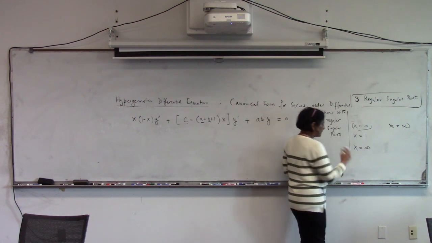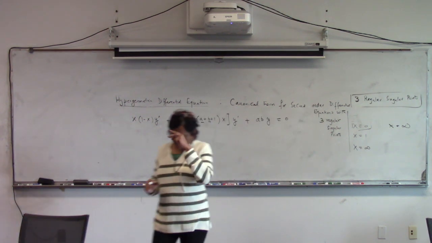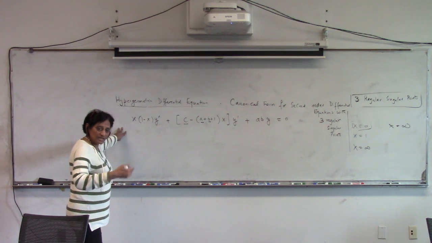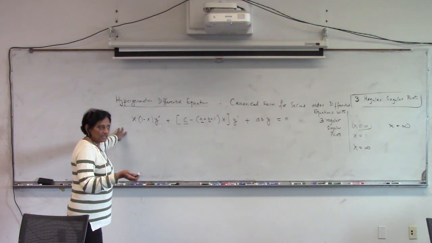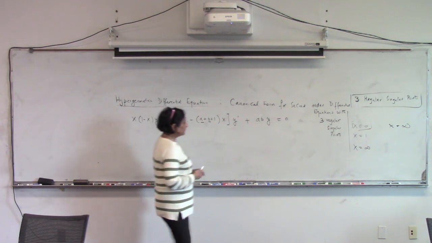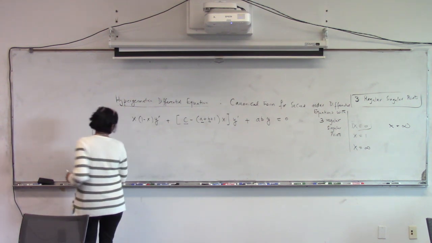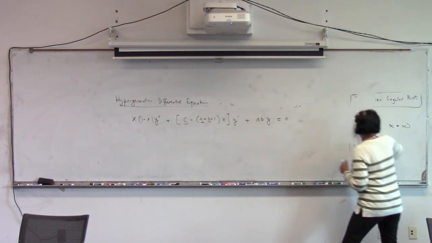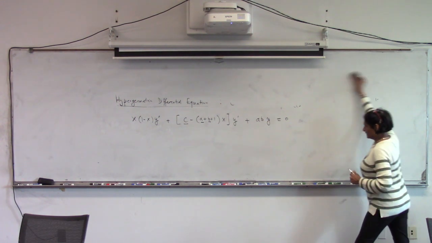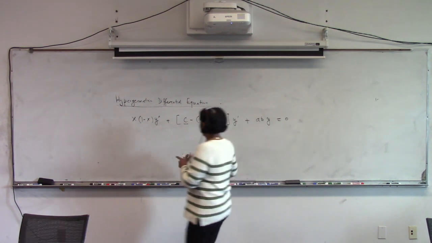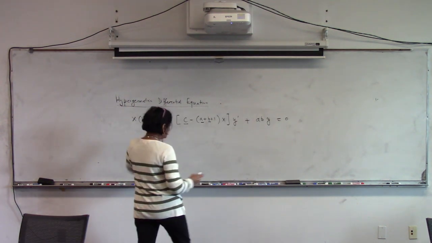So it is based on this class. This is how second order differential equations are now classified in terms of how many regular singular points they exhibit. So that is the importance of this particular differential equation.